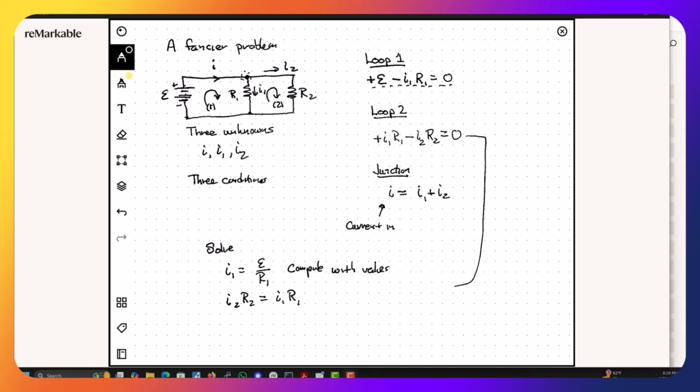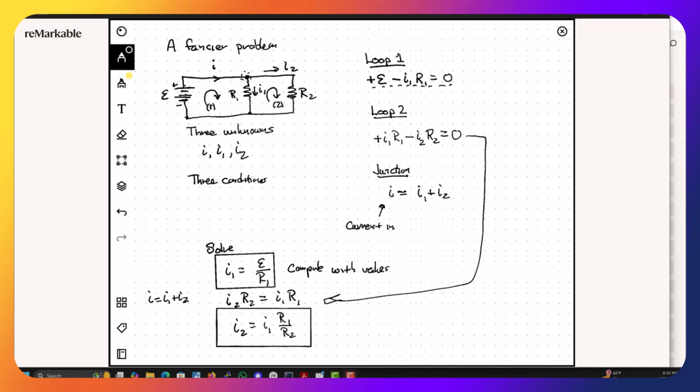So I2 is I1 R1 over R2. And now that I know I1 and I2, I can find I, which is just I1 plus I2.